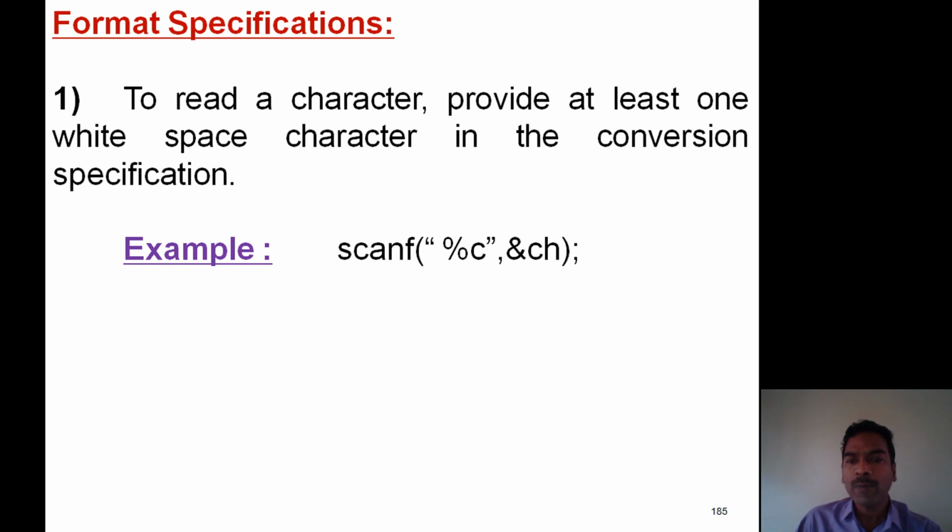Because without providing a white space, at runtime, even if we press the space bar or enter key, it is also accepted as a character, but it's not a correct way. When we are reading a character, we are interested in submitting one particular character. So to distinguish these two things, it is better to provide a space before the control string. Okay? So to read a character, provide at least one white space character in the conversion specification.